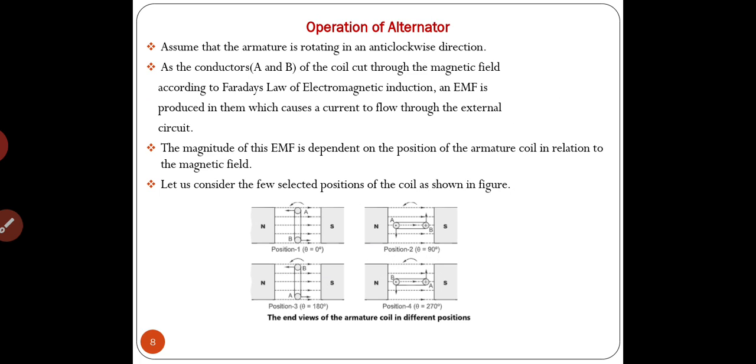First position, second position, third position and fourth position. First position is at 0 degree with respect to the magnetic field, second position is 90 degree, third position is 180 degree, and fourth position is 270 degree with respect to the magnetic field.